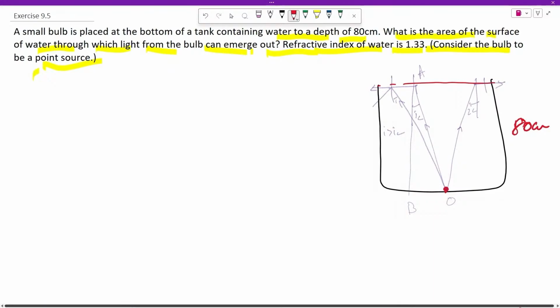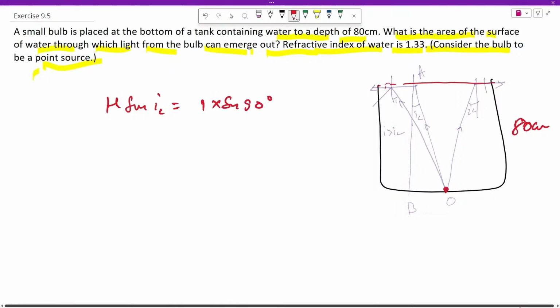Now, using Snell's law, we can say that mu of water and sine of I would be equal to... we first will find out the critical angle. So IC will be equal to, the refractive index of air is 1, so 1 times sine 90 degrees.